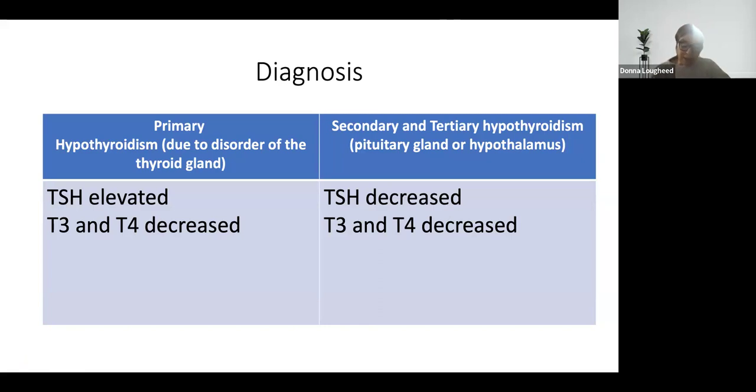In secondary or tertiary hypothyroidism, the TSH may be high or near normal because this disorder is a result of the anterior pituitary gland or the hypothalamus.